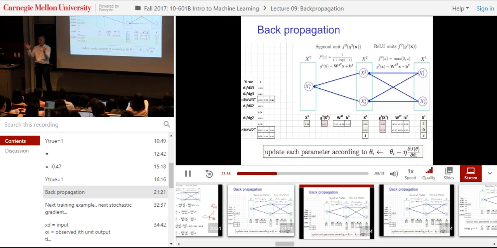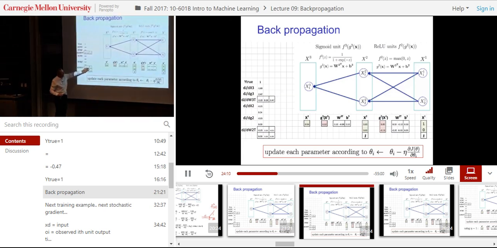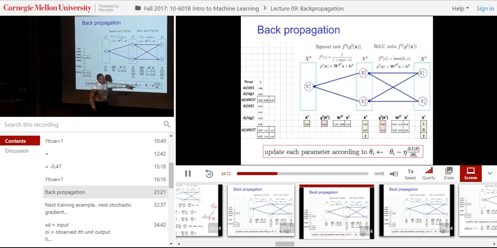Okay? Questions? All right, so we can do it on our data, since I had an Excel spreadsheet to make sure I got the arithmetic correct. We could just take these derivatives. Let's pick a value of eta to be 1 to make it simple. Then what's the updated value of, say, this weight, if I use an eta of 1?